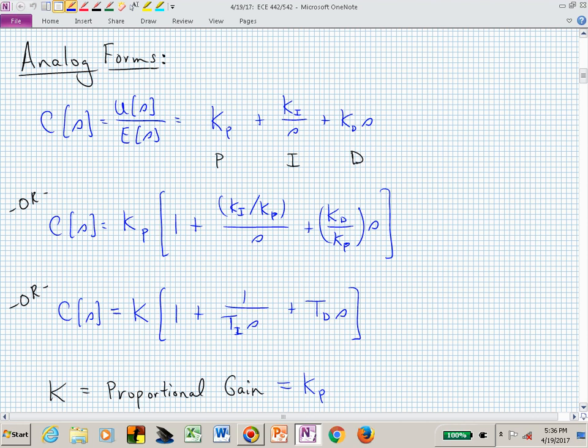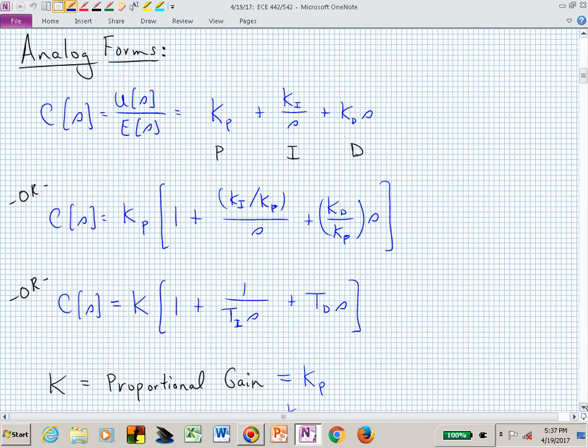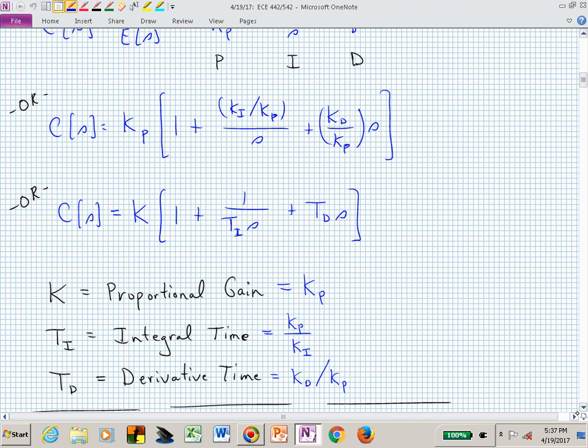And then the third line simply absorbs that ratio of gains into one variable, a T sub I variable, which let me go ahead and scroll down to show you what those are typically referred to.